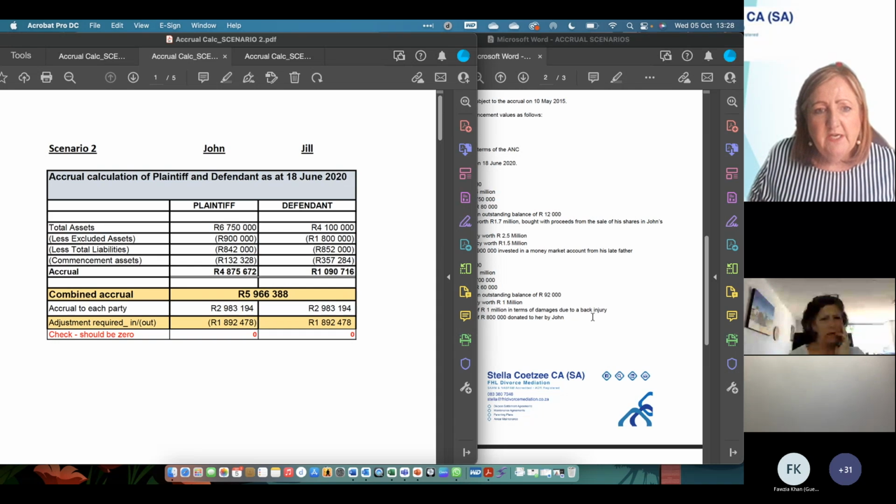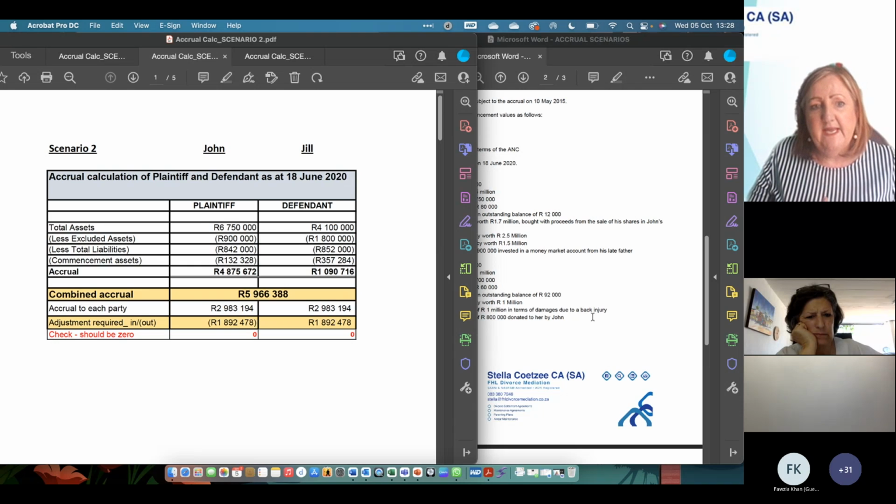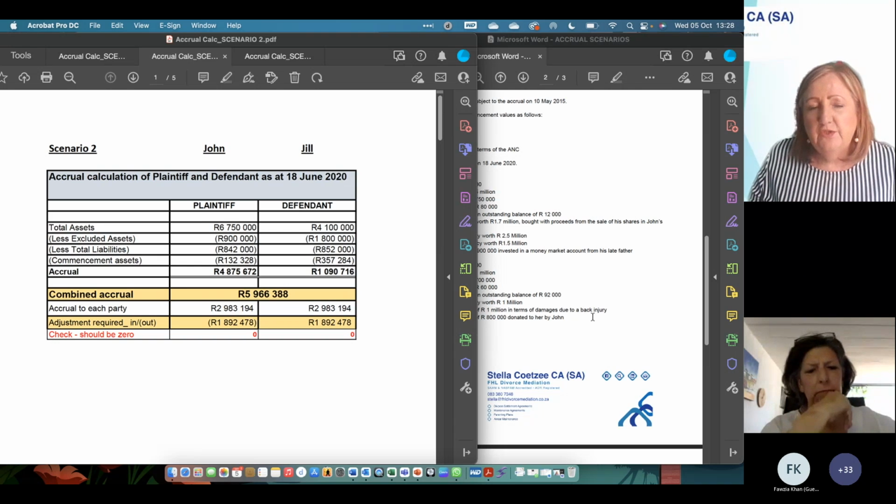So John in this scenario has at the moment 4.8. He needs to have 2.9. Hence, he's going to give Jill an amount of 1.892. And on Jill's side, she's going to receive 1.8 plus her current 1 million, which is going to make her final accrual the same as John's, 2.983 million.